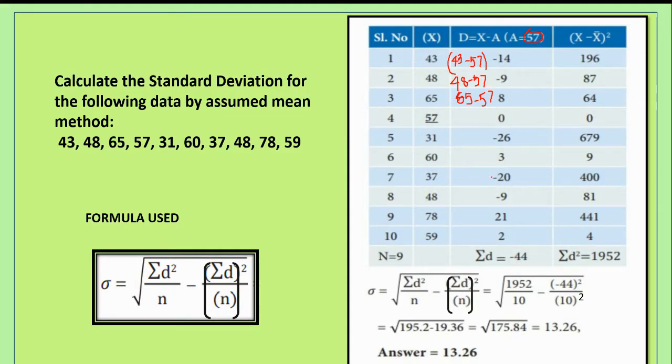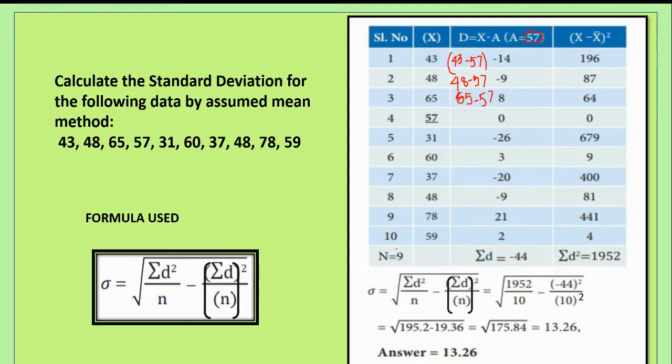Likewise, you have to find the deviation for all the numbers. Then you have to add all these deviations. Add all the negative numbers, add all the positive numbers, then subtract and put the sign of the greater number. So here you get summation d is equal to minus 44.